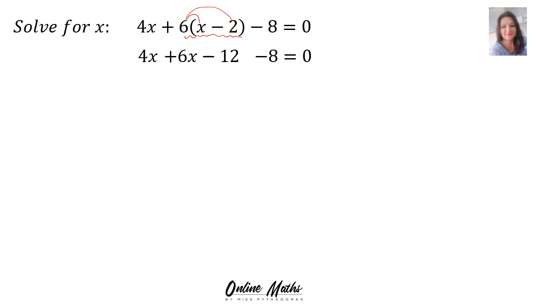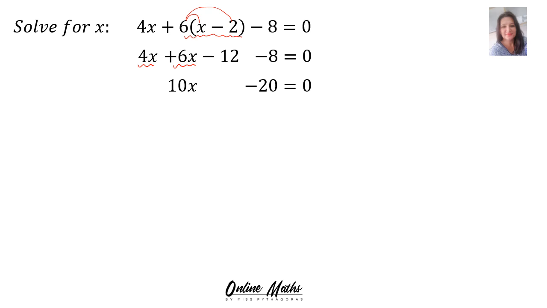In the next step, I will first add my like terms. Therefore, 4x plus 6x is 10x, and then the constant terms minus 12 minus 8 is negative 20, is equal to 0. And can you see how the equal signs all line up?